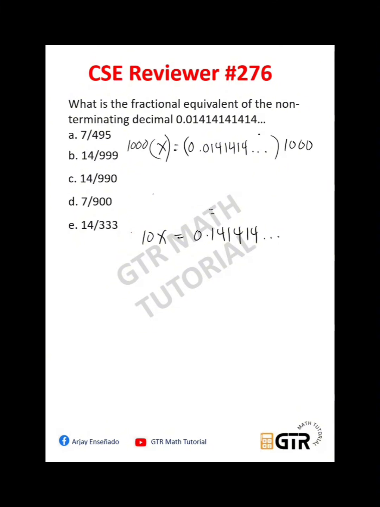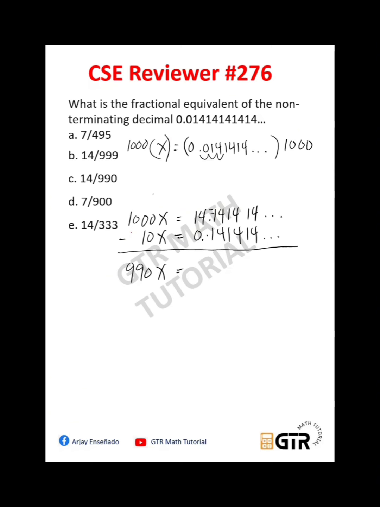So we're going to have 1,000x equal to, move these 3 places, 1, 2, 3. So therefore, we're going to have 141.4141 and so on. So we multiplied by 1,000 and 10 so that when we subtract, 1,000x minus 10x, that will be 990x, and the repeating decimal will cancel out if we subtract this.